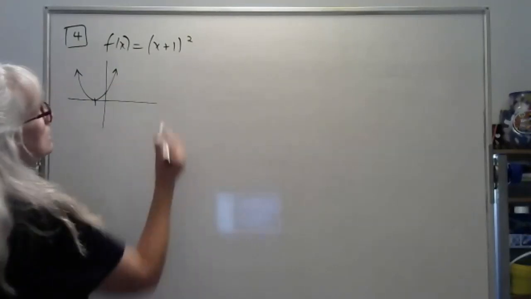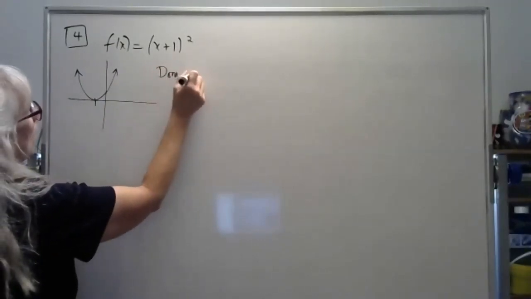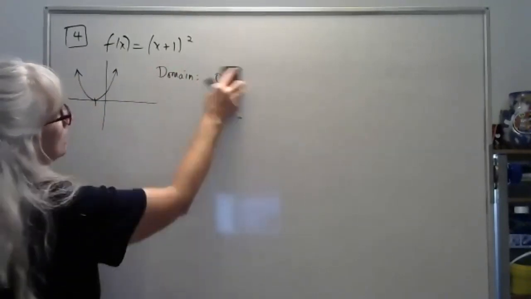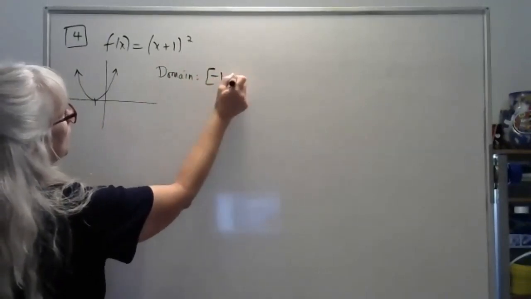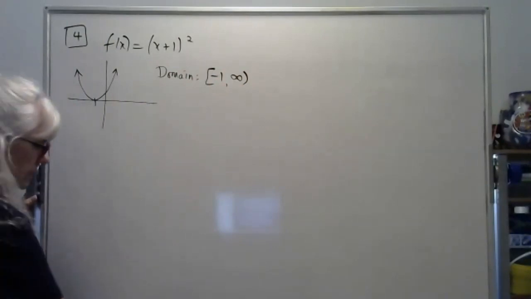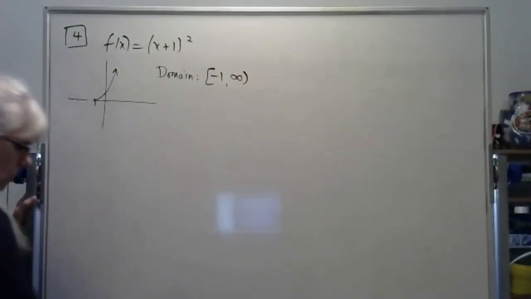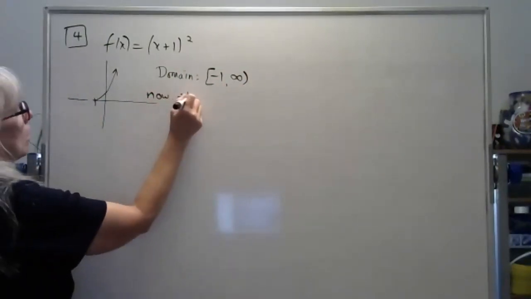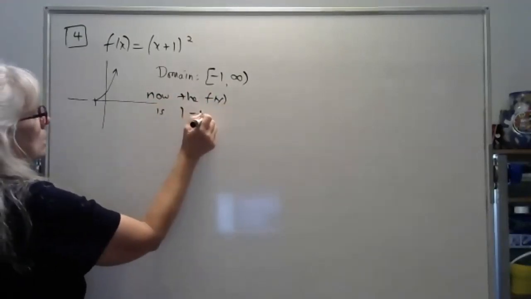So what I'm going to do is restrict the domain to, not 0, I'm sorry, negative 1 to infinity. Okay, negative 1 to infinity. And that's going to take off the left side of that picture, and now the function is one-to-one.